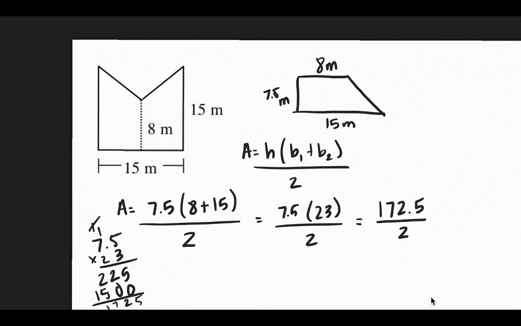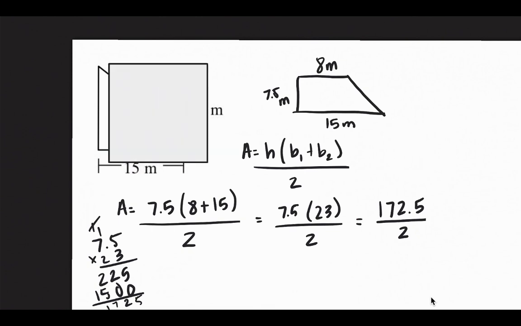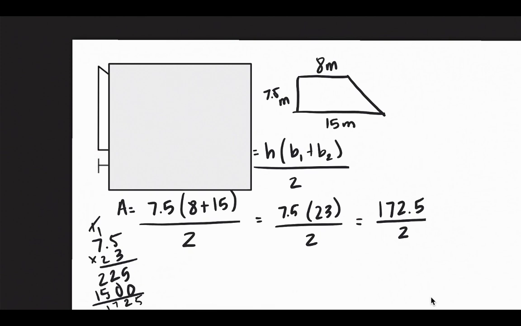So we are going to do a long division problem. I'm going to give myself a little whiteboard right here so I have a little bit more room to do the long division. So I have 172.5 divided by 2. I'll put my decimal up there in the quotient. So then we'll do 2 into 17. That's 8, 16 with 1 remaining. 2 goes into 12 6 times. And then we'll bring down our 5.